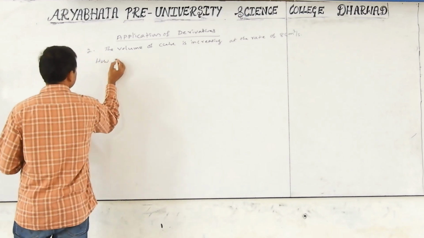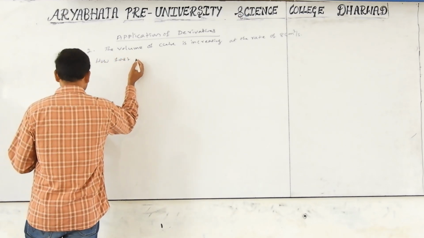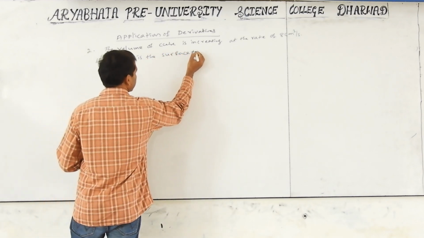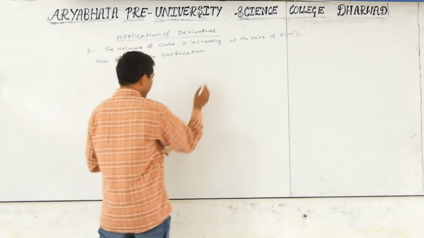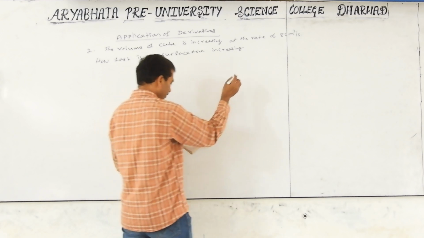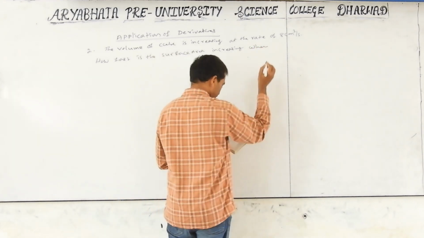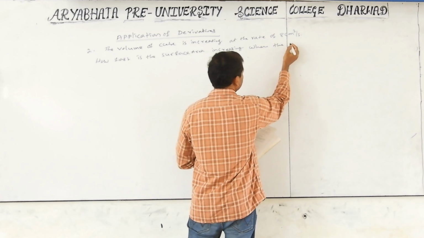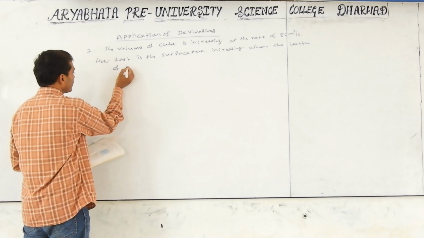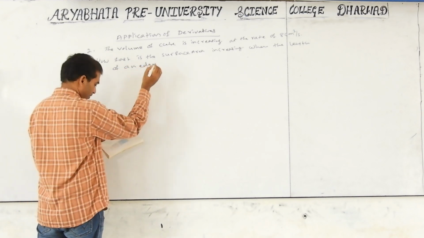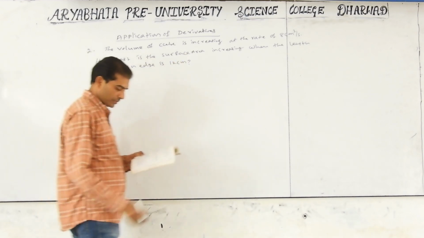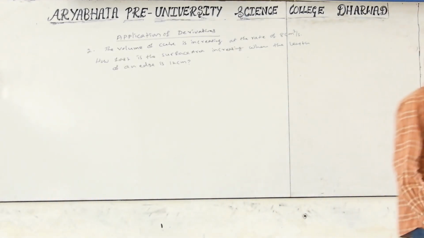How fast is the surface area increasing when the length of an edge is 12 centimeter? Edge is 12 centimeter.